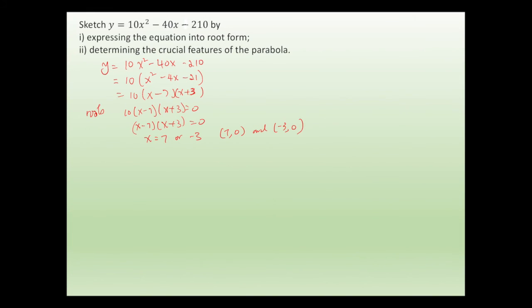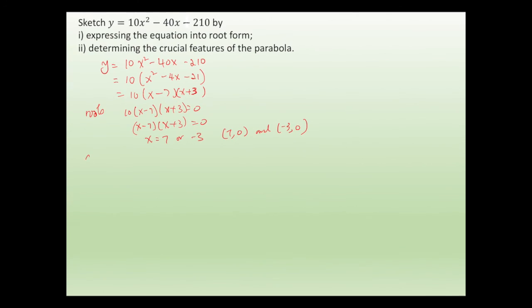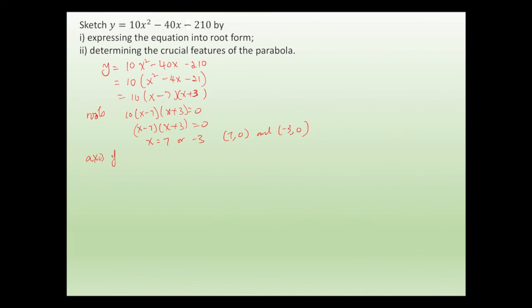So the next bit, you know that the axis of symmetry is x = (−3 + 7)/2, which is 4/2, which is 2.